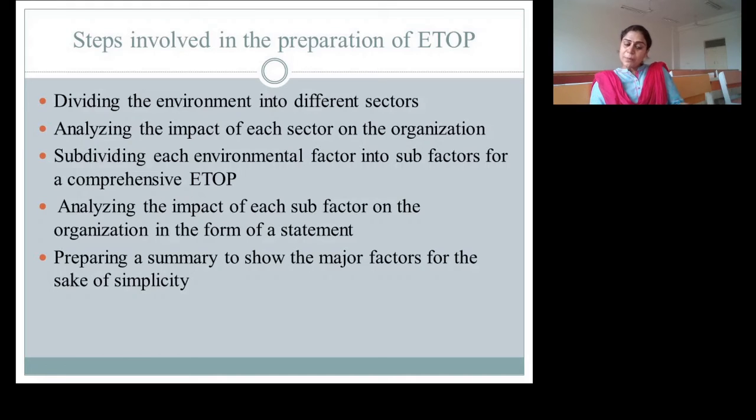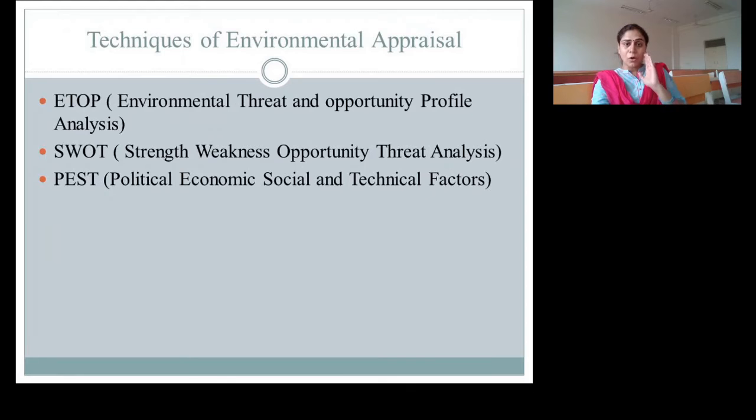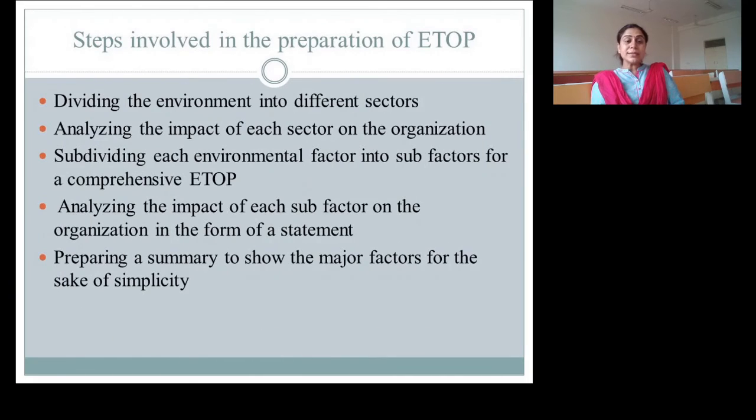Third, you subdivide each environmental factor into various sub-factors so that you can have a comprehensive ETOP. That is, you have a comprehensive environmental threat and opportunity profile. And next process, analyzing the impact of each sub-factor. One sub-factor we have taken, how these sub-factors are impacting the organization. You try to design various statements with the impact.